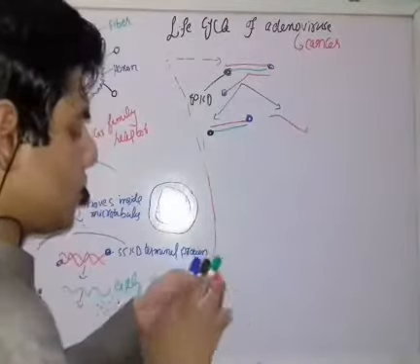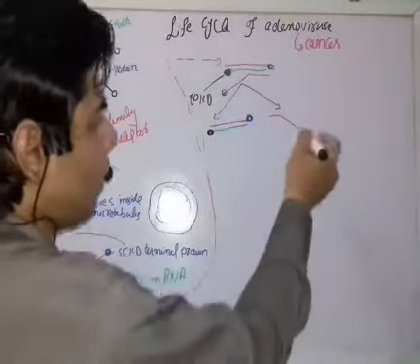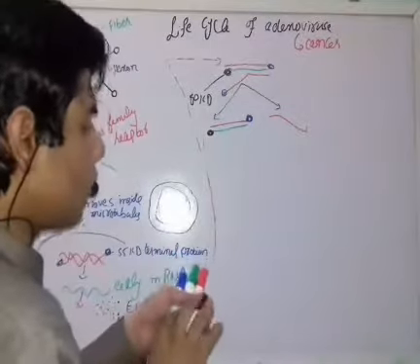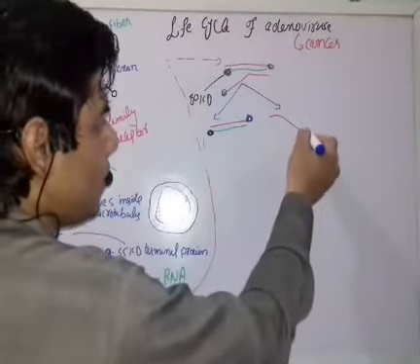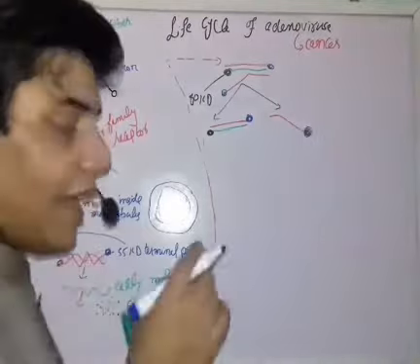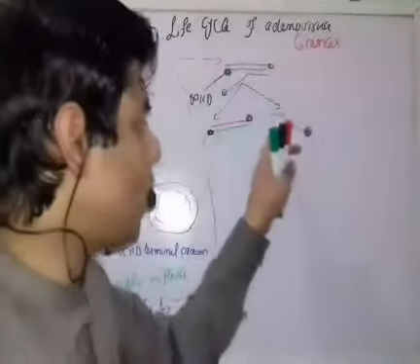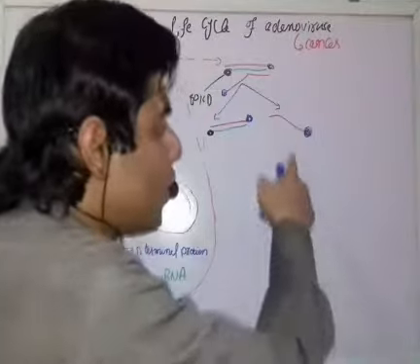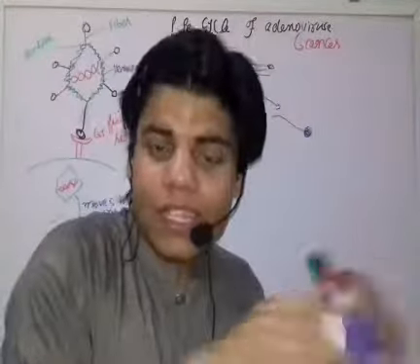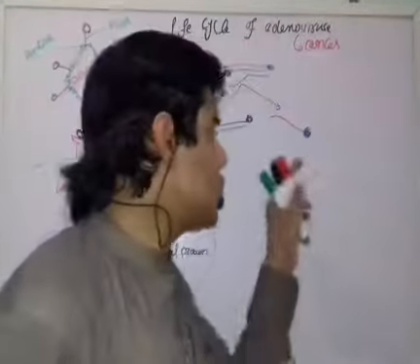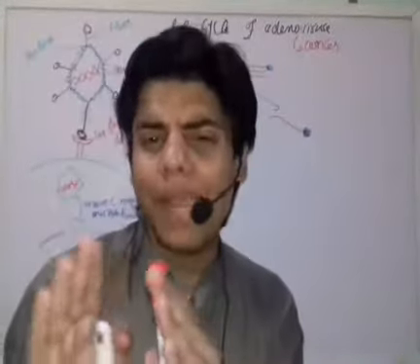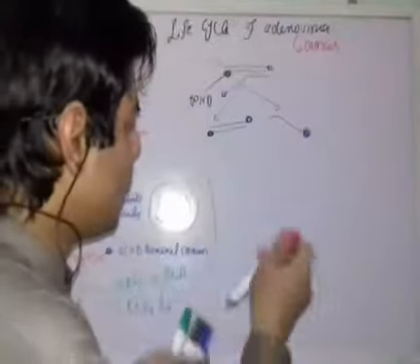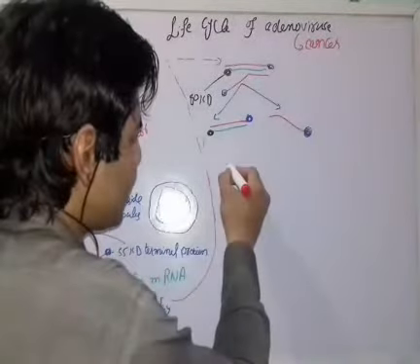Fine. Now the other strand will remain out from the nucleus. So once it remains out from the nucleus, what happens? This strand has the self-annealing property. So this strand will self-anneal, and they will make a pen handle like structure. So we get a pen handle like structure just like that.